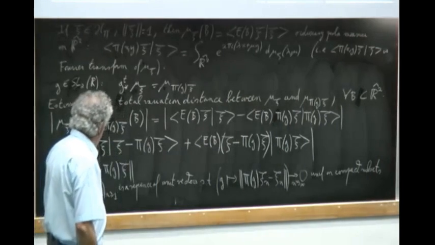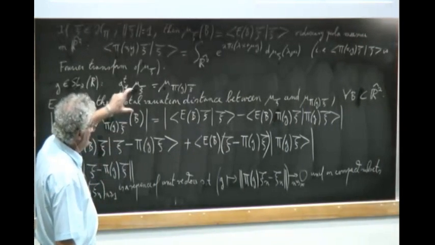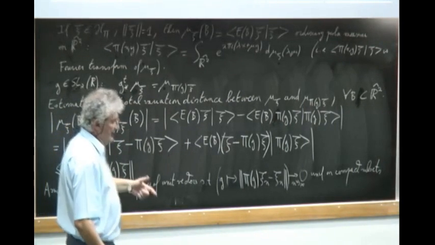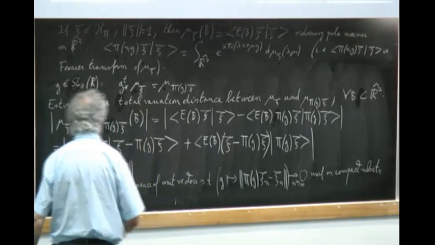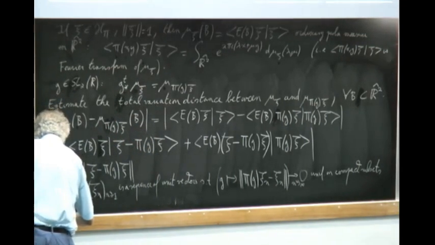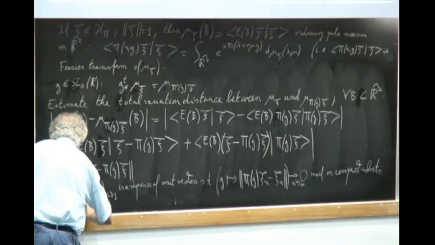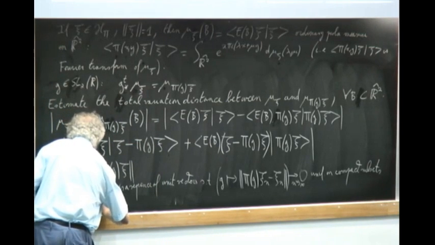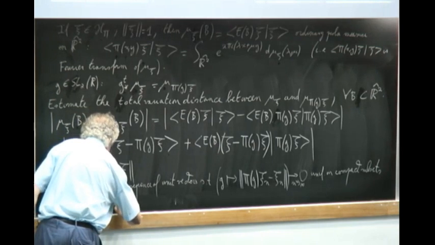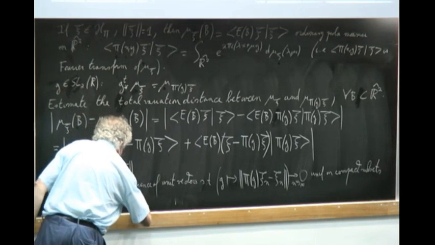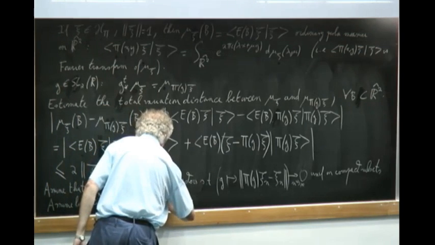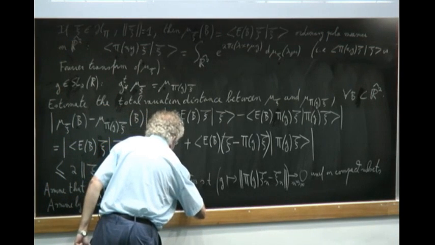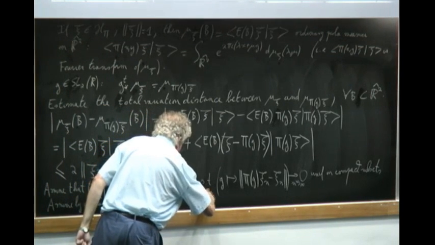I want to show that in restriction to R2, pi has a non-zero invariant vector. So assume it's not the case. So assume by contradiction that pi restricted to R2 has no invariant vectors.